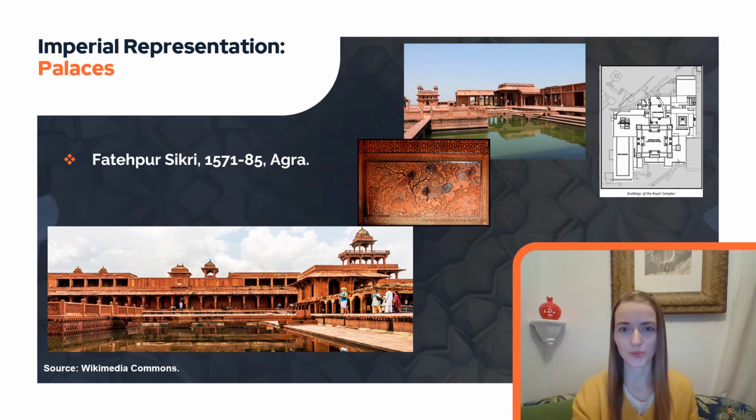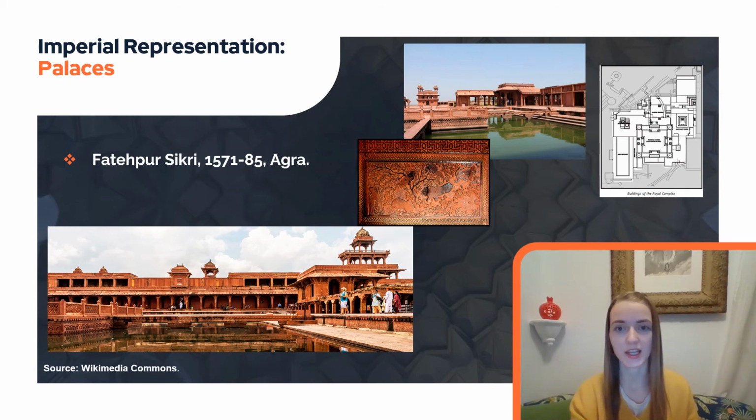Let us quickly jump to the Mughals in India, who were the descendants of Timur. In Fatehpur Sikri, Akbar had a palace built. It was an entire urban center and the capital for 15 years before moving to Lahore. There was a strict division between private and public quarters, with spaces divided into different functions.